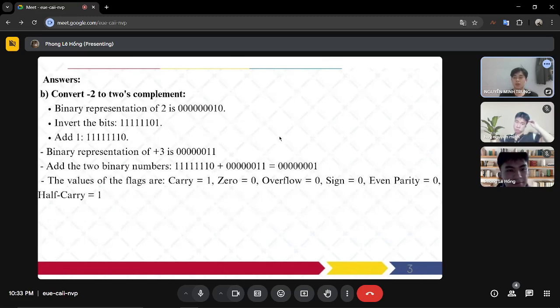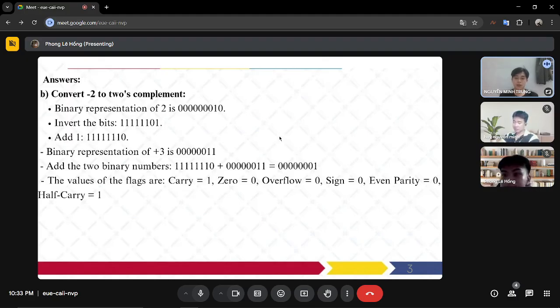Part B. Convert minus 2 to two's complement. The binary representation of 2 is 00000010. Invert the bits: 11111101. Add 1: 11111110, the binary representation of minus 2.